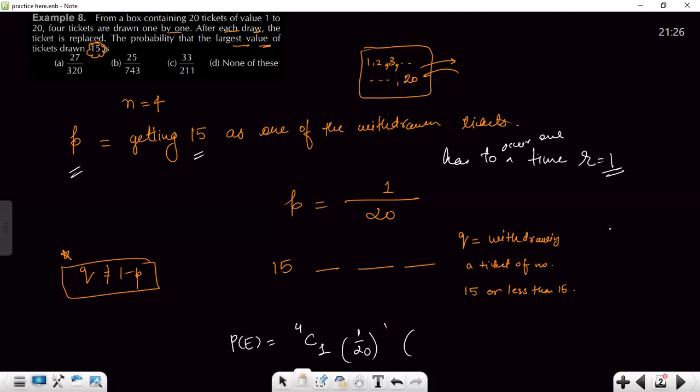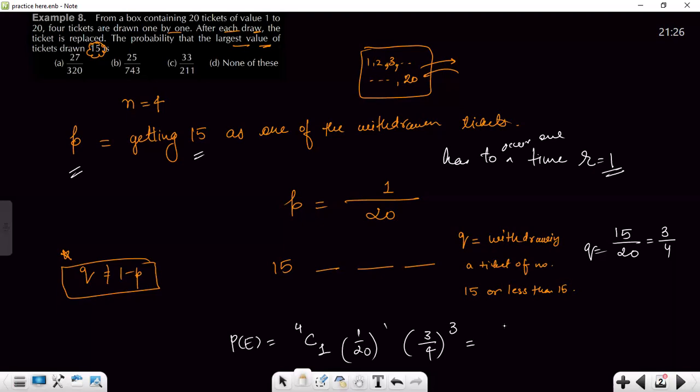So how many favorable outcomes? 1, 2, 3, 4, 5, 6, 7, 8, 9, 10, 11, 12, 13, 14, 15. Total 20. So Q is 5 3s are 15, 5 4s are 20, 3 by 4, raised to power n minus r, 4 minus 1, that is 3.